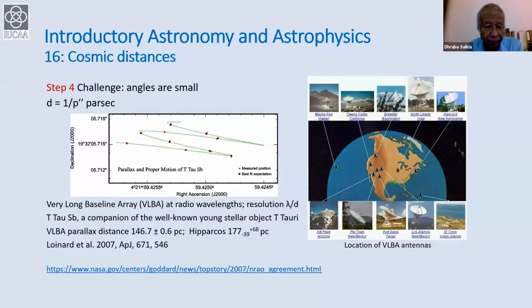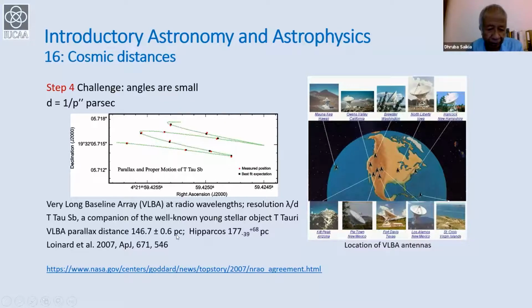Here is an example of using the Very Long Baseline Array, which we met earlier while talking about the radio window of the universe. And as you remember, resolution is given by lambda by D, and the Very Long Baseline Array has antennas spread out not only across the US mainland, but also to Hawaii. And this is the result from a particular star called T Tauri SP, a companion of a well-known young stellar object called T Tauri.